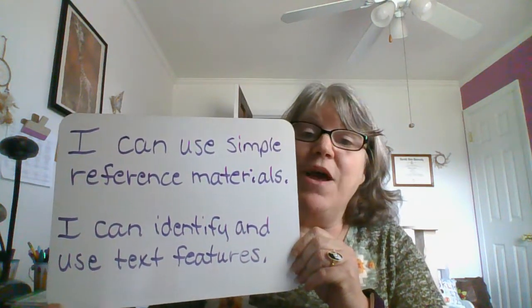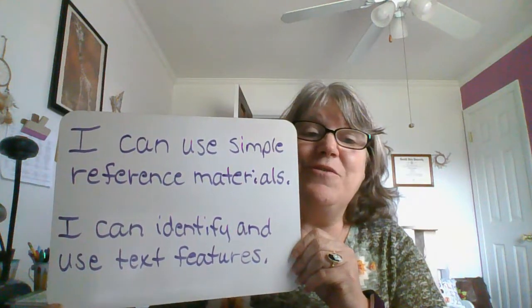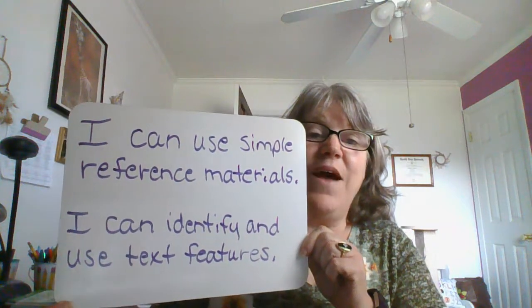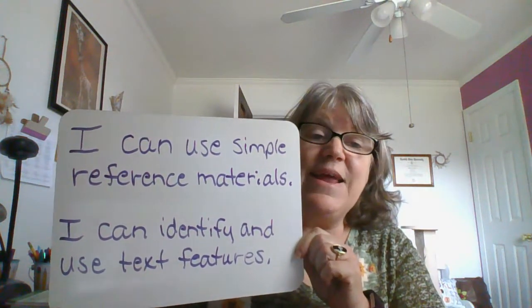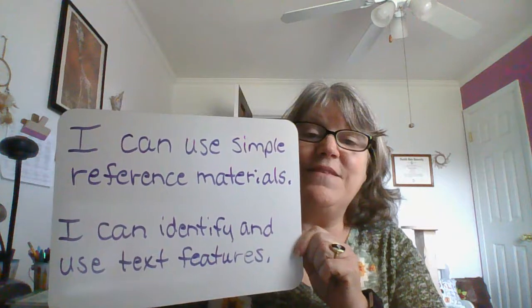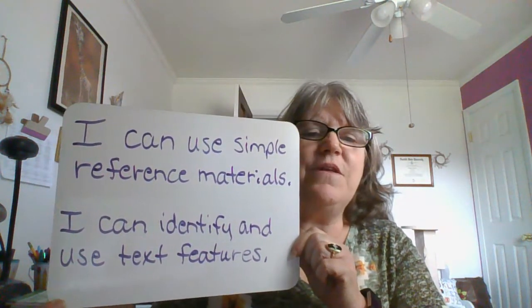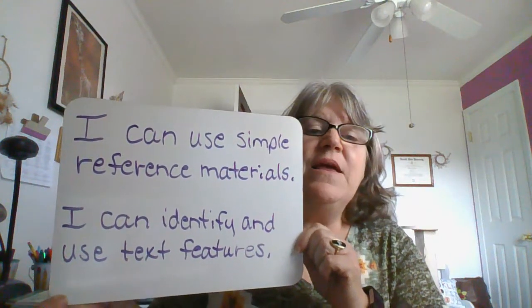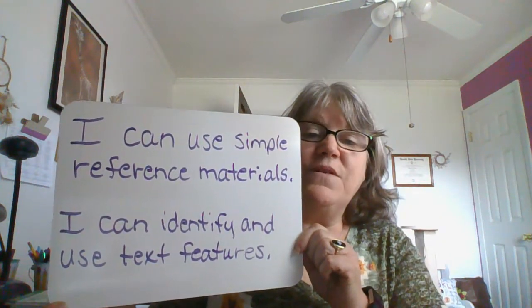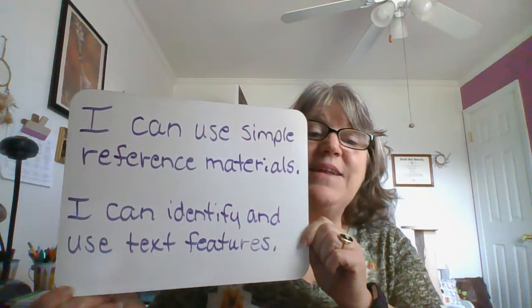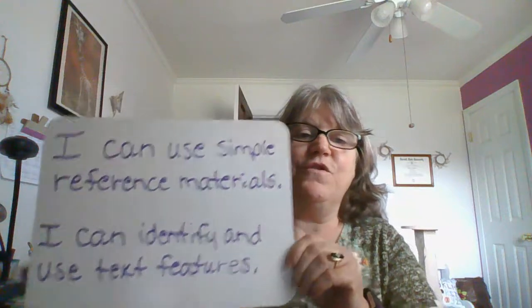When you go on PebbleGo and do research on a topic, or you use a nonfiction text and find information using your headings and photographs and captions and your glossary, boldface words, all those nonfiction text features, these are all simple reference materials that you can use. And we're going to be able to identify and use text features to help us learn about our topic.